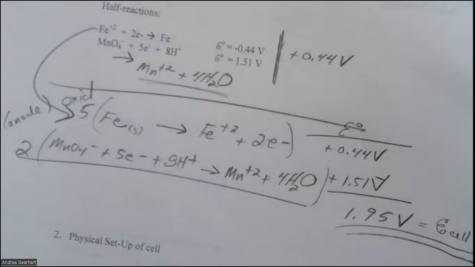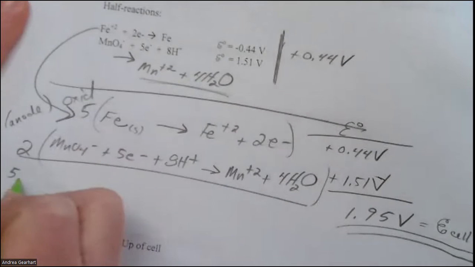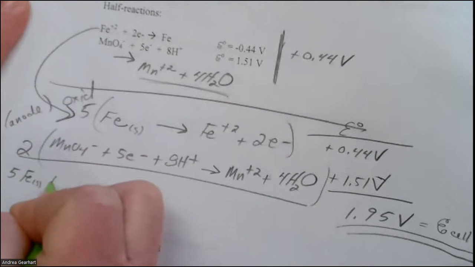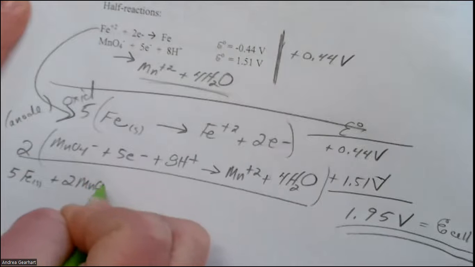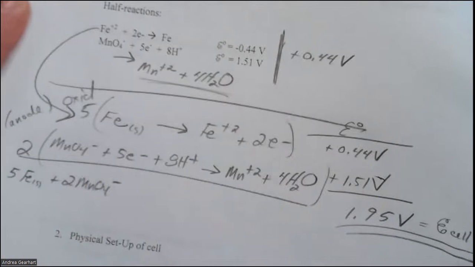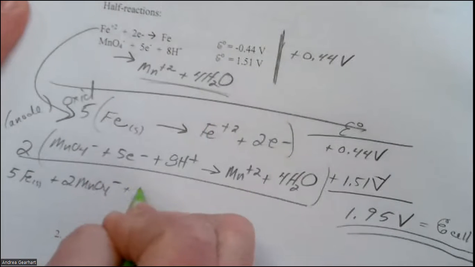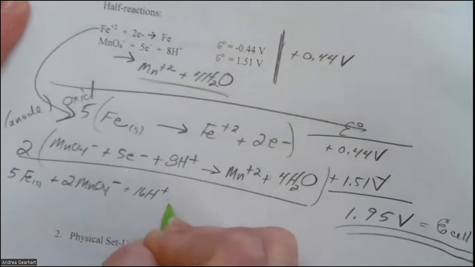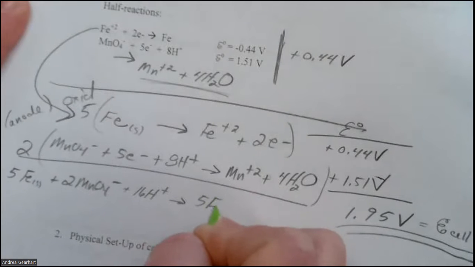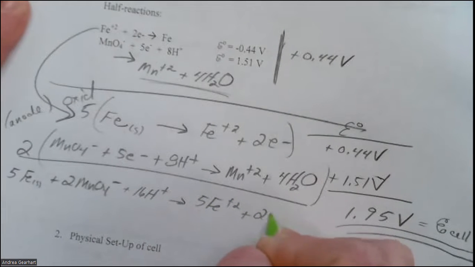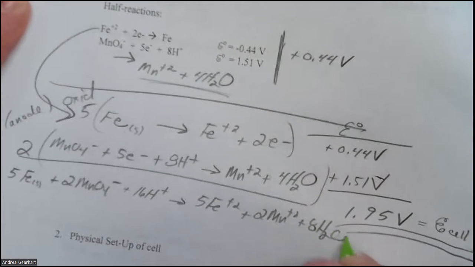So our balanced equation will be 5 Fe solid plus 2 MnO4 negative, and we know electrons will end up canceling out, plus 16 hydrogen ion will yield 5 iron plus 2 manganese plus 2 plus 8 waters.